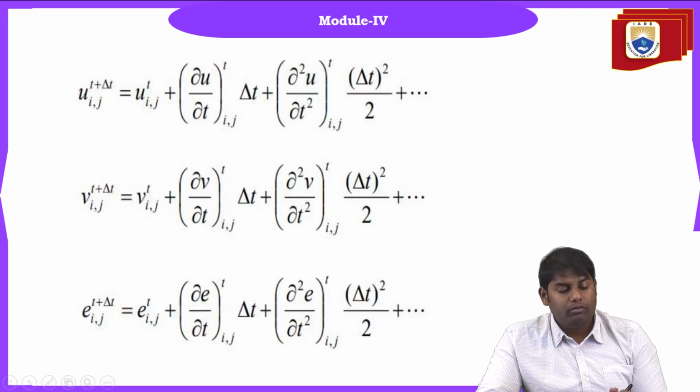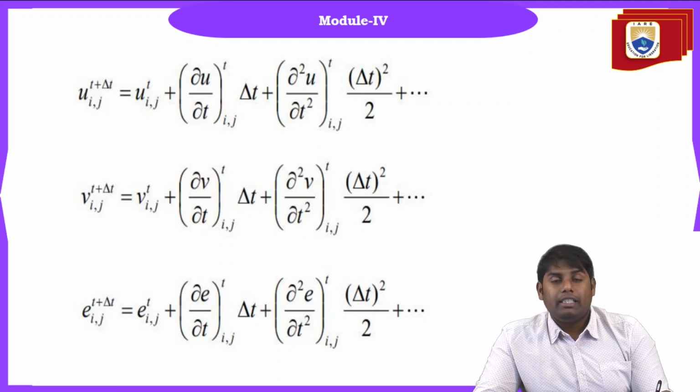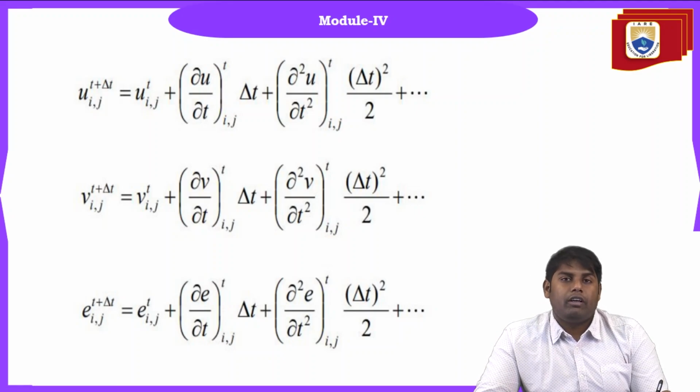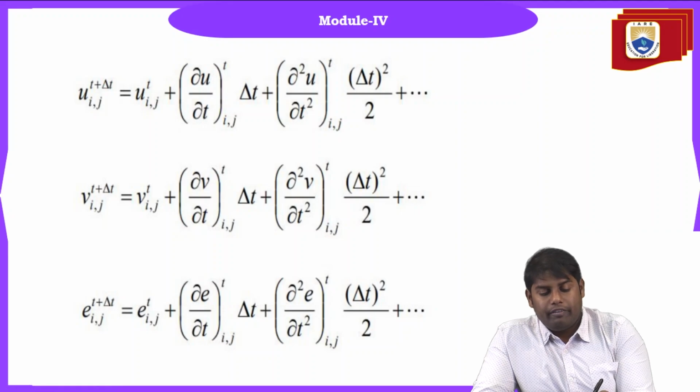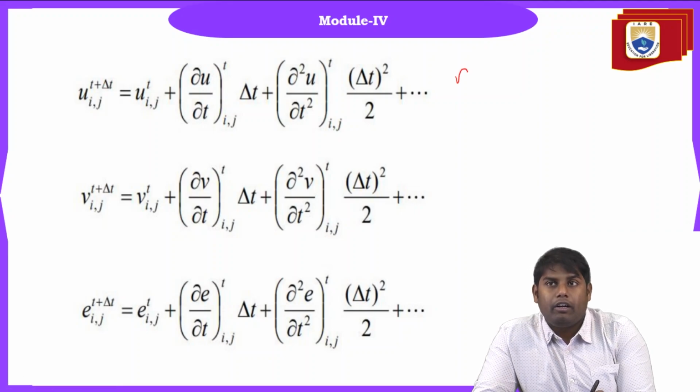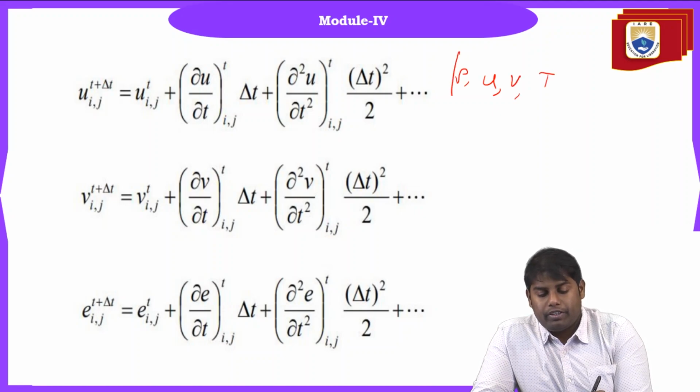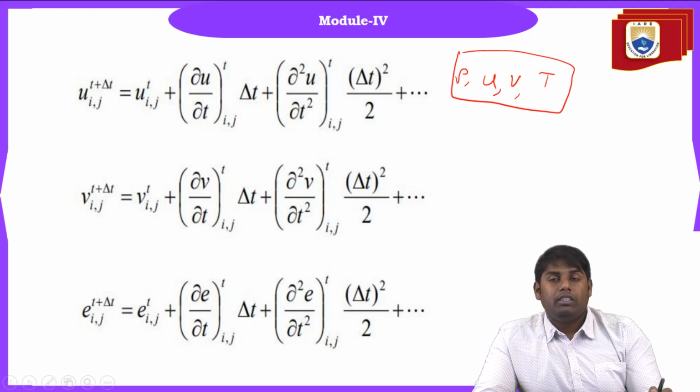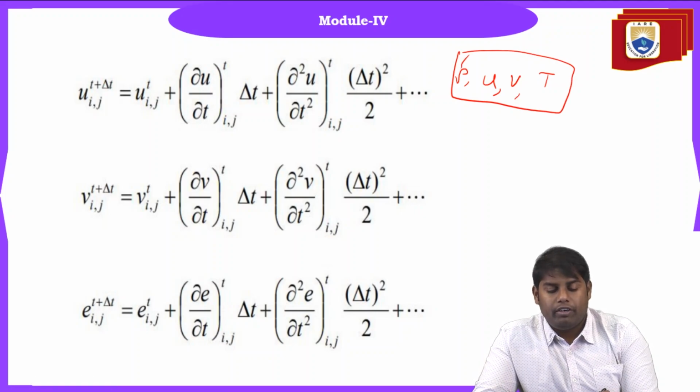Fine. Now the same concept we will apply for the remaining variables. So what are the variables we have taken? We have taken rho, we have taken u variable, we have taken v variable, we have taken the temperature. Fine. So for the previous equation we have seen for the rho.